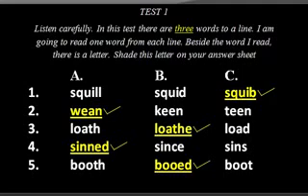In example 4, the word I read is sinned, S-I-N-N-E-D. Now, the other words on this line also have the same word beginnings. As you can see, there's an S-I-N, S-I-N, S-I-N beginning each word.